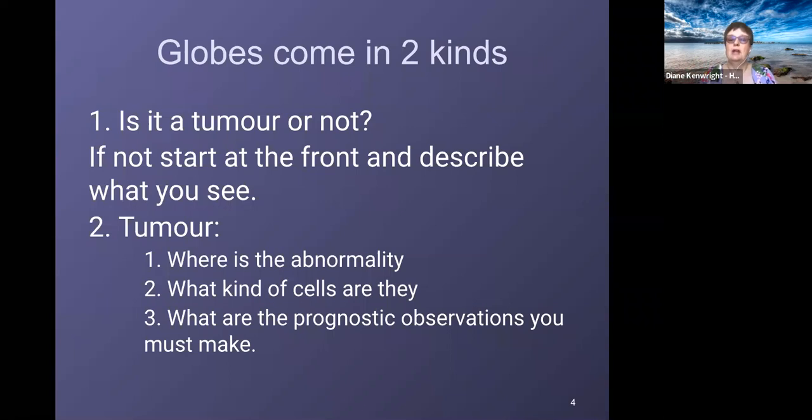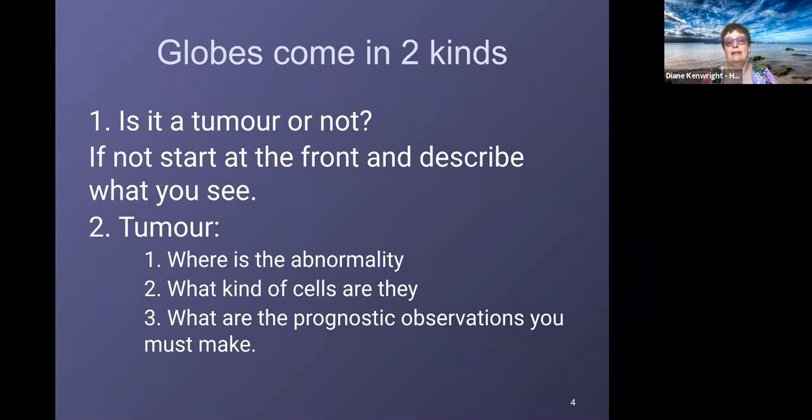So there is a set of key words that we use to describe things when they are benign versus malignant. So benign has words like bland and uniform in it, whereas malignant has things like hyperchromatic and mitotically active and pleomorphic, and importantly, invade.